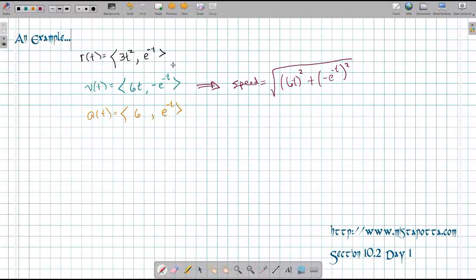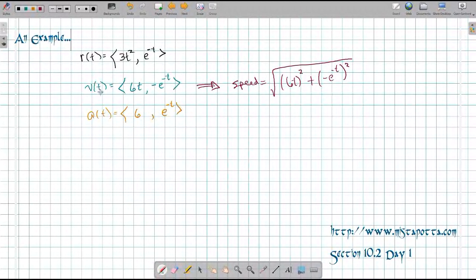So as long as I know one of these quantities, I certainly can move down and take the derivative to find velocity, take the second derivative to find acceleration.